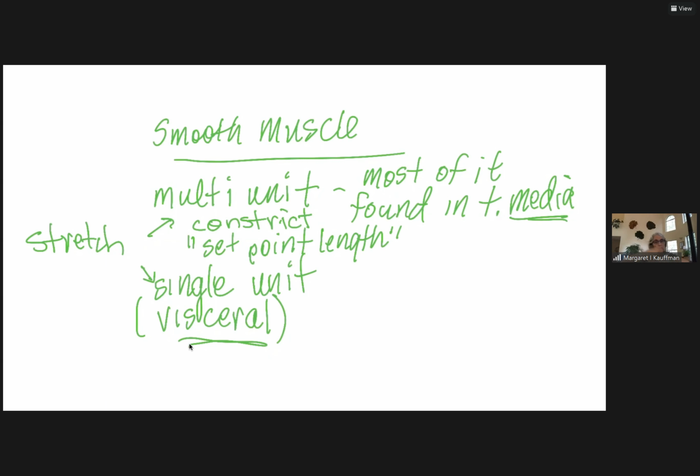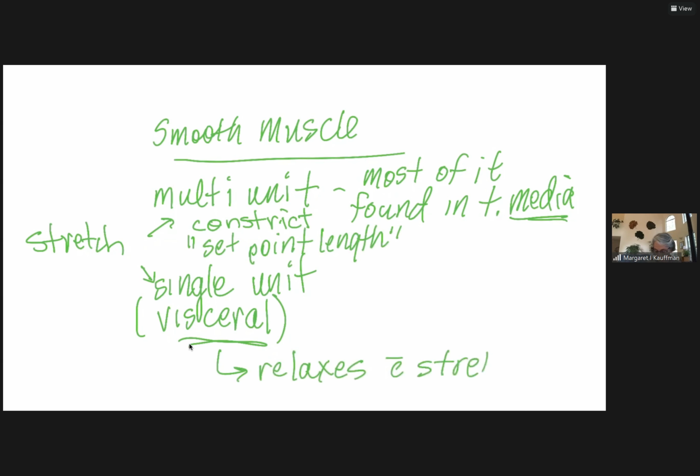The opposite occurs in single unit muscle. And you'll be glad for that with your digestive tract, because if it constricted when you stretched it, well, the way you could stretch it is eating something. You don't want that to happen. You want it to accept more food. Well, assuming you don't want to lose weight, you want to accept more food. So this relaxes when it's stretched.